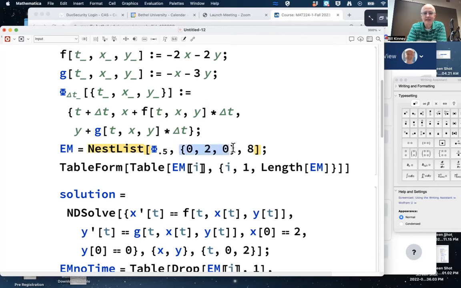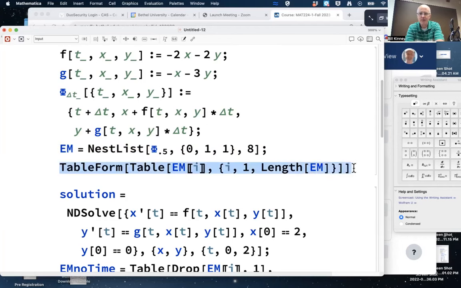In this list, the first element is the initial value of t, 0. The second one is the initial value of x. The third one is the initial value of y. So I want to change those to 1, 1. EM is just the name of the list that I get out.